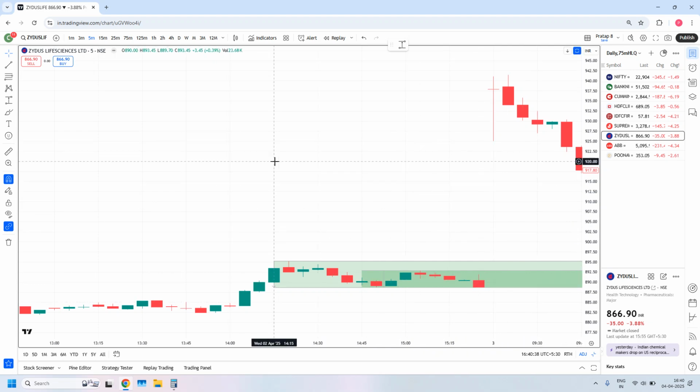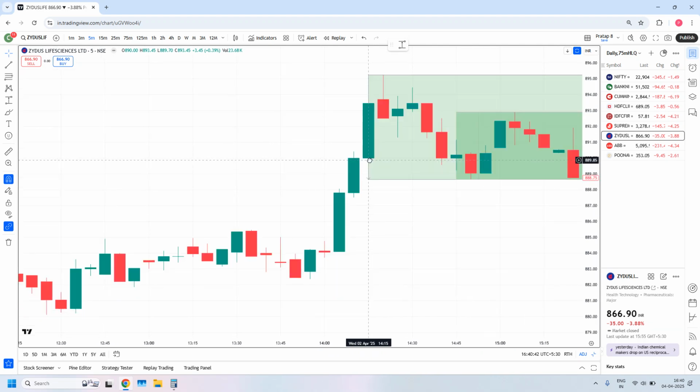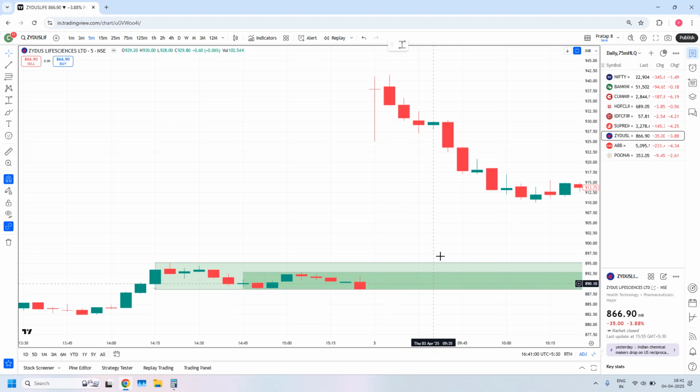That's why this is looking small, and that's why we always hide the gap. The moment you hide it, the scale is again adjusted to all these candles' lengths. Now it is clearly seen as drop, base, drop. So keeping this point in mind, this 5-minute candle is a big drop candle and a rally candle, with no base candles in between.